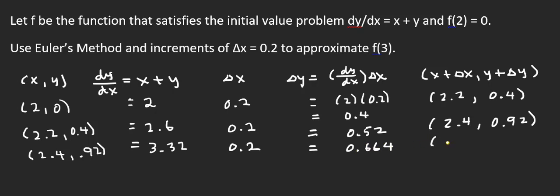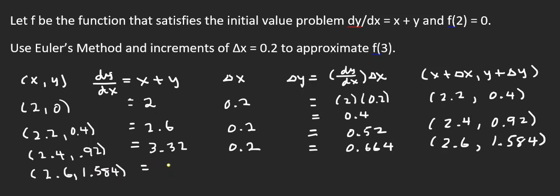It's going to be 2.6, comma, 1.584. Okay? What about our next point? It's going to be 2.6 and 1.584.